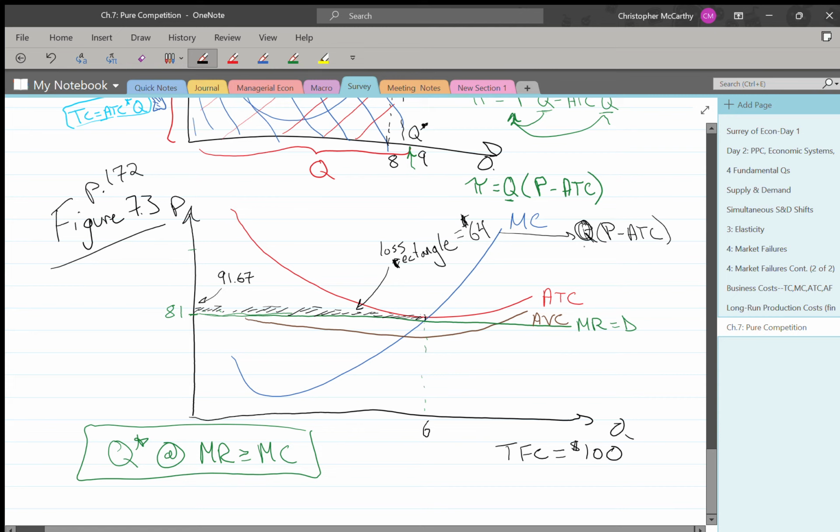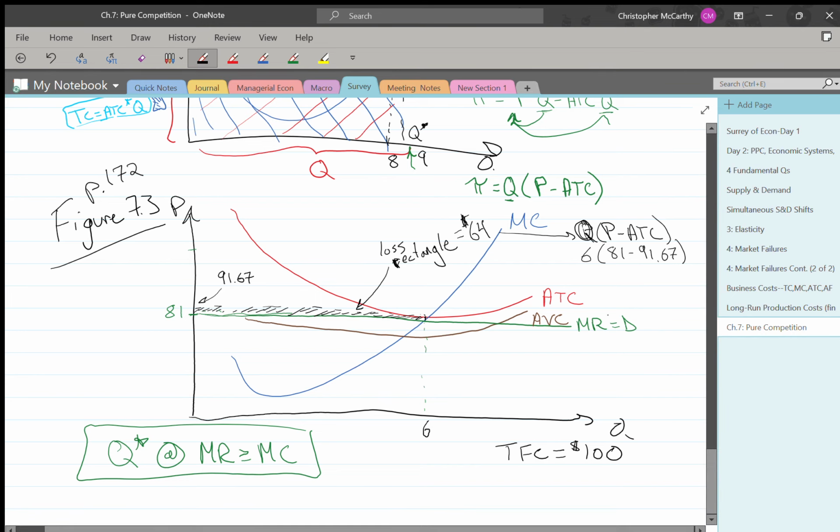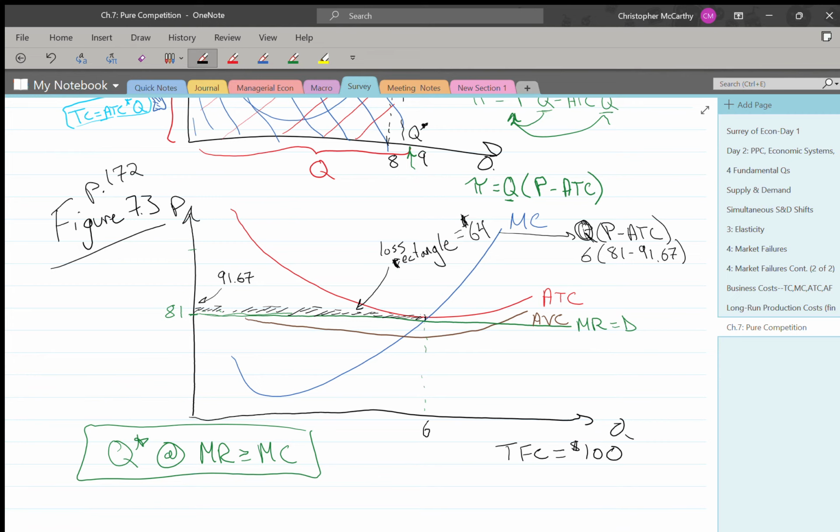And so our quantity is 6, our price is 81 minus 91.67. So that's 6 times negative 10.67, which is about negative 64.